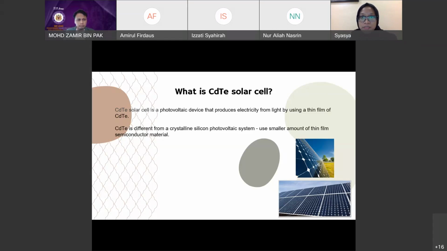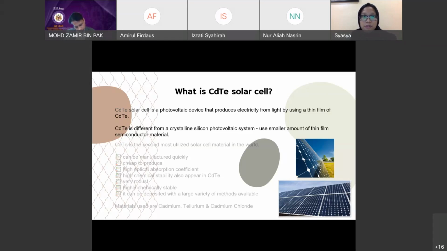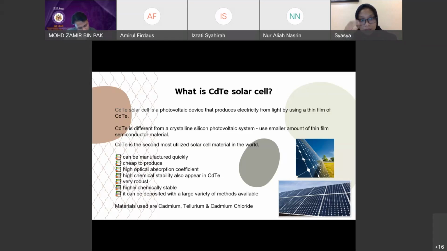It is the second most common photovoltaic technology in the world marketplace after crystalline silicon, currently representing 5% of the world market. It can be manufactured quickly, providing an alternative to conventional silicon-based technologies, and is cheap to produce.